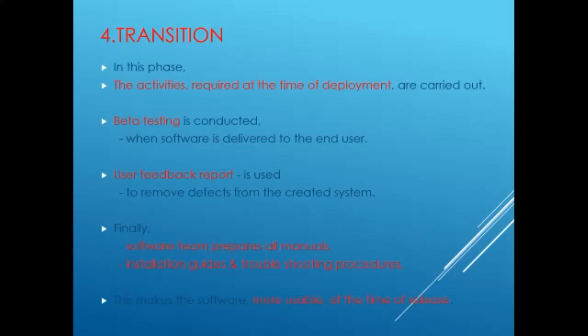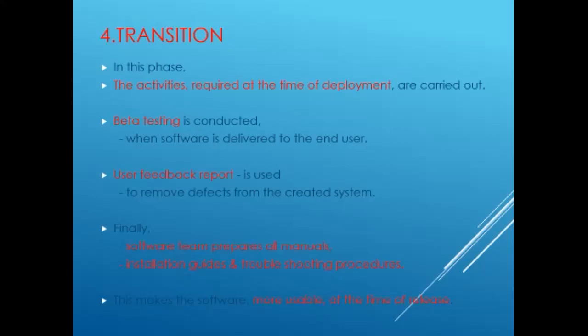That means when we deliver the software to the end user, at that time we take feedback from the user, and if any defects are found in the feedback given by the end user or customer, then we have to remove those defects from the system.